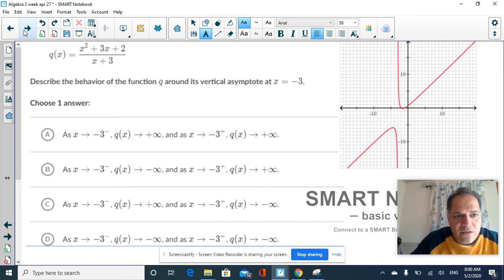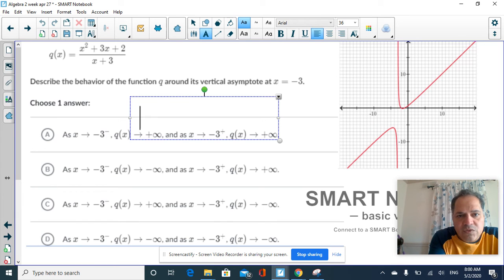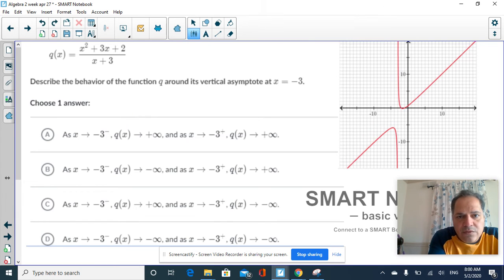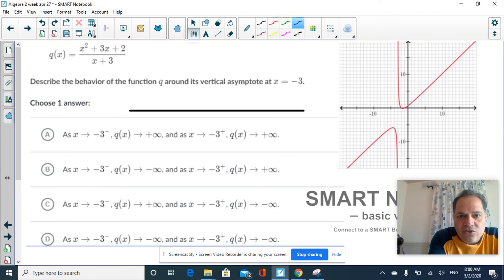Okay. Let me check this question with you. I'm going to draw the line. This is the line we have. And then we are going to factor the function. If you factor the function, it's x plus 2 and x plus 1.